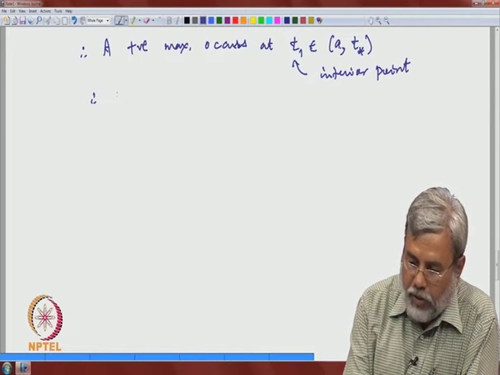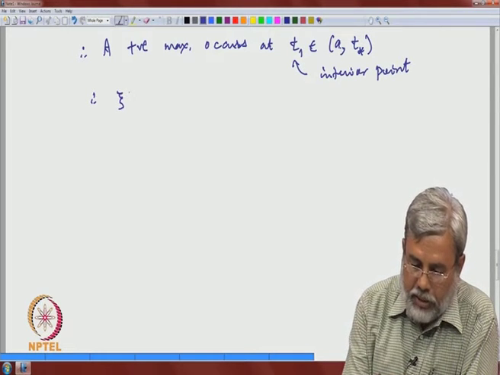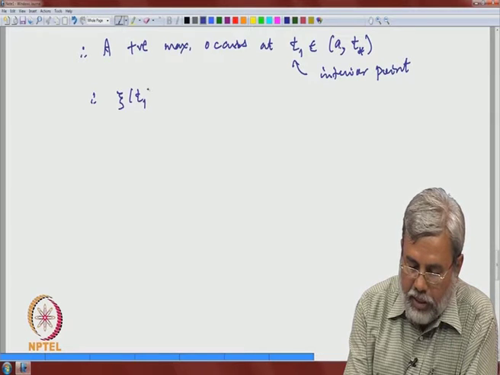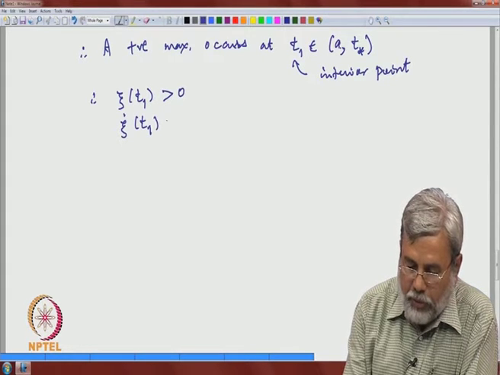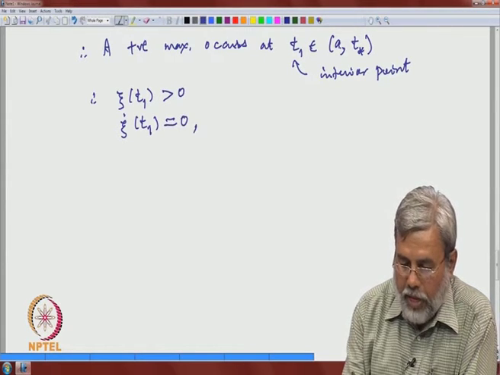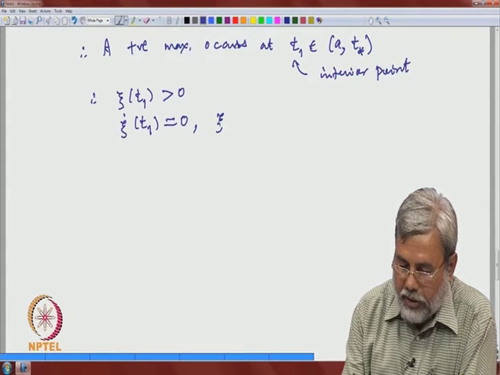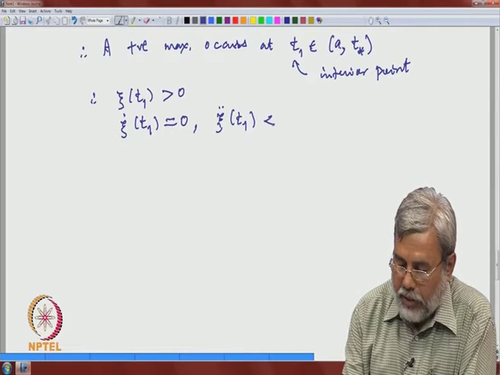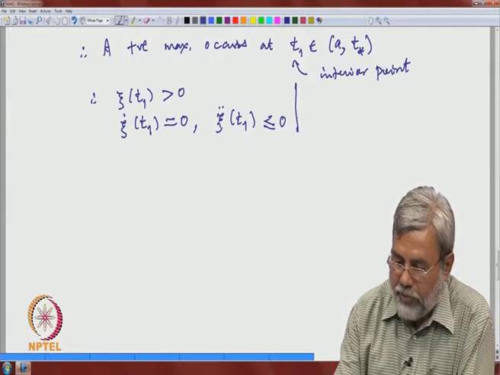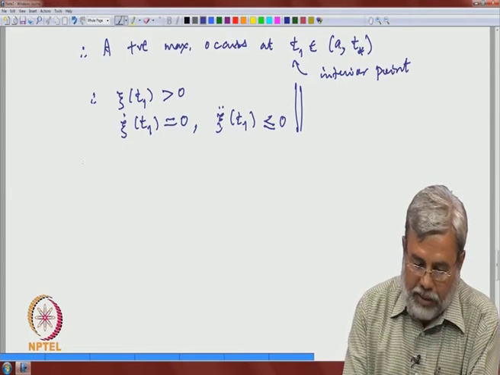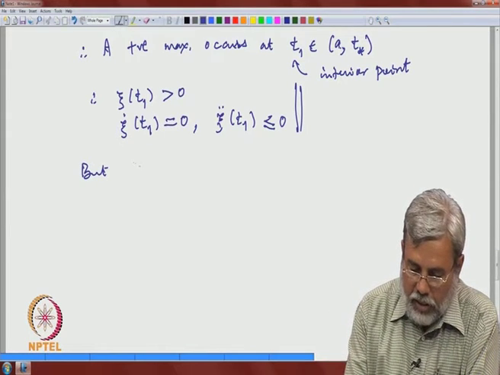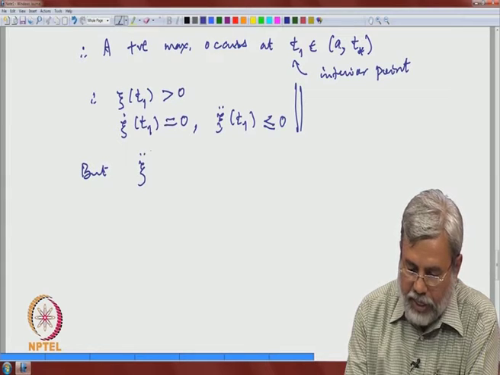So, therefore, we have this J of T 1 is strictly positive, J dot T 1 is 0 because it is the maximum, and one more condition, this J double dot T 1 is less than or equal to 0. Okay. This is from calculus. But again you go back to the variation equation.